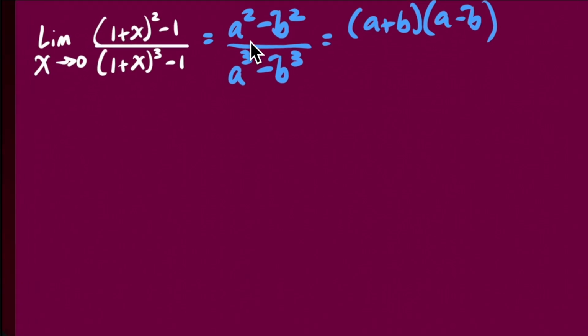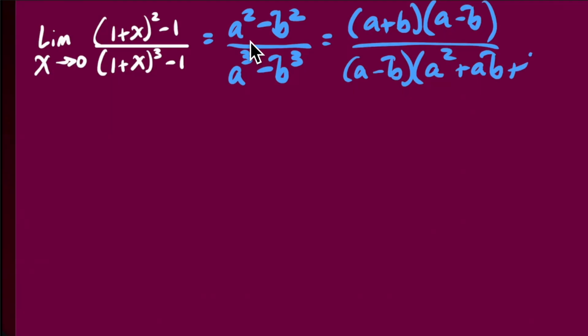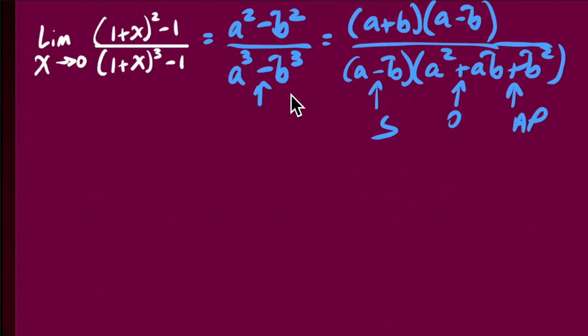And on the bottom, we're going to have (a minus b) times (a squared plus ab plus b squared). And the way I remember that is this is the same as the original, this is the opposite, and this is always positive. SOAP. Same, opposite, always positive.